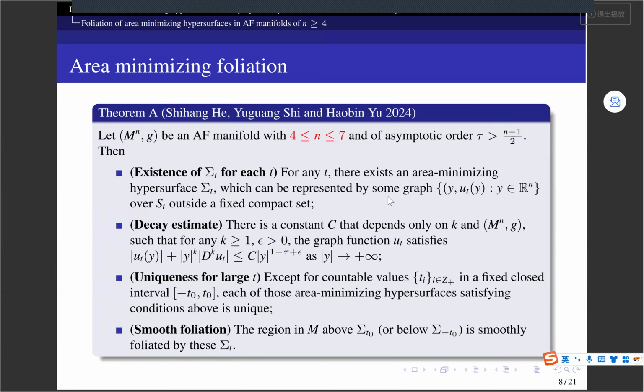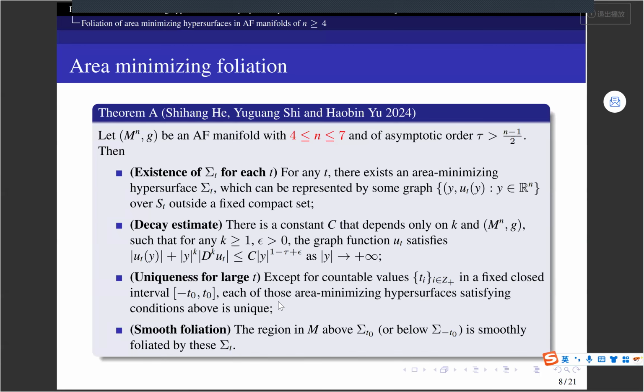That means it can be represented by a graph with graph function u_T over the hyperplane S_T. And we also have a decay estimate for the graph function u_T. It tends to zero very fast when the point goes to infinity.